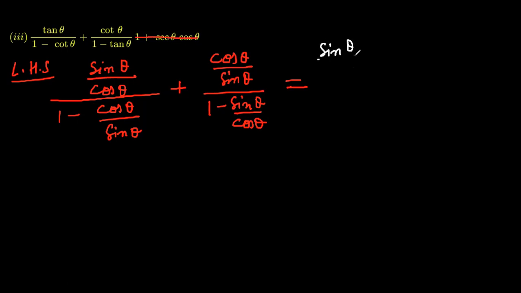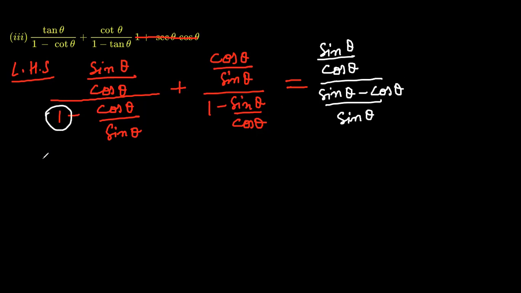We keep the numerator as it is, and in the denominator we are going to take LCM. So the LCM is sine theta, and then sine theta minus cos theta.